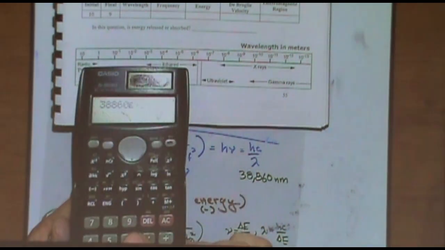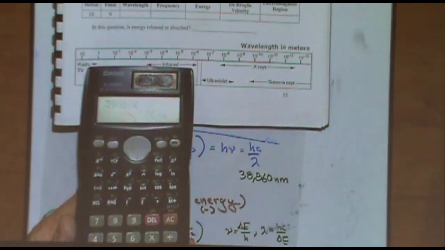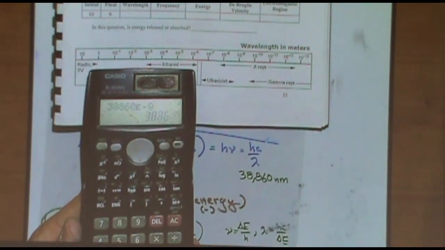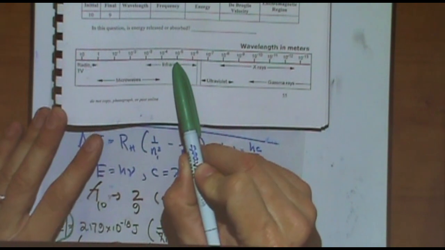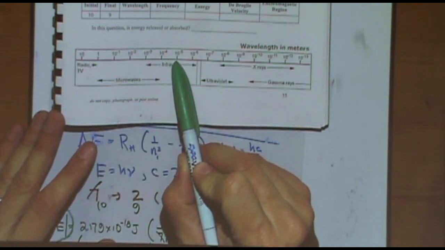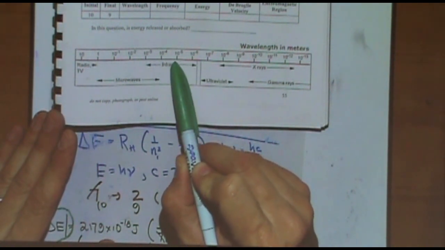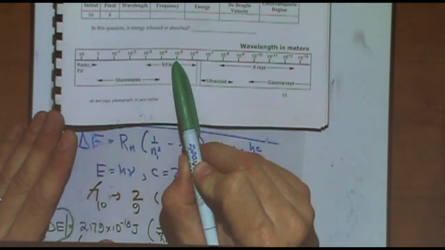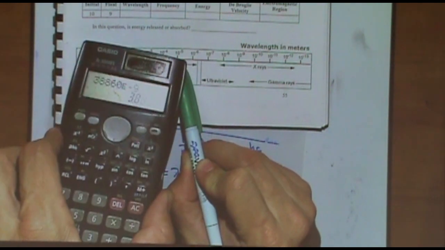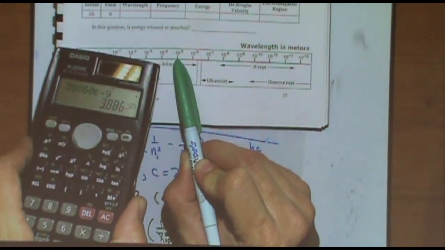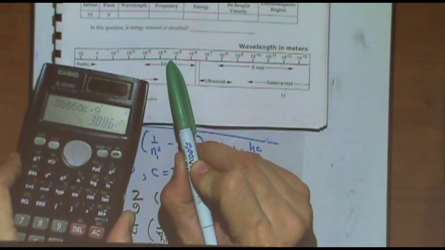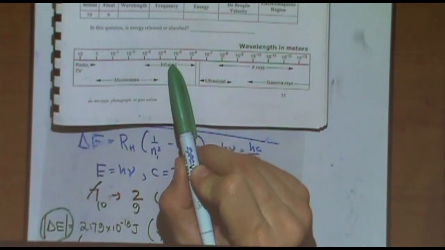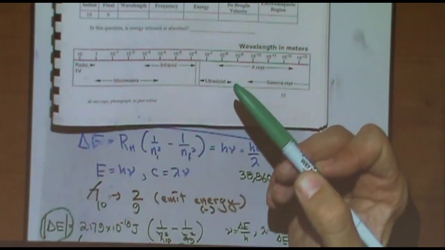Minus, hopefully you can still see that. -9. Okay, 3.88 times 10 to the -5. There's the -5 right there. Anybody, am I to the right of that or to the left of that? Of this -5. If it's 3.88 times 10 to the... Yeah, slightly to the left. It's slightly larger than that number. Wouldn't matter though, infrared is still the answer.